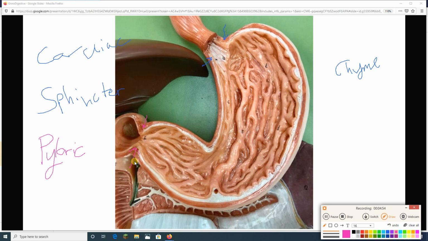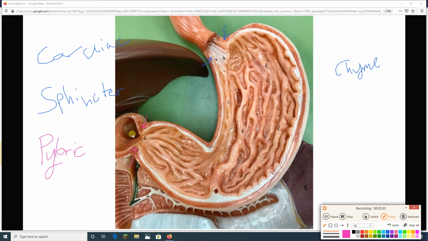The stomach can expand. The small intestine can expand a little bit, but the stomach can expand like crazy. So we have to limit the forward flow of chyme from the stomach to the small intestine. We do that by having this pyloric sphincter here.